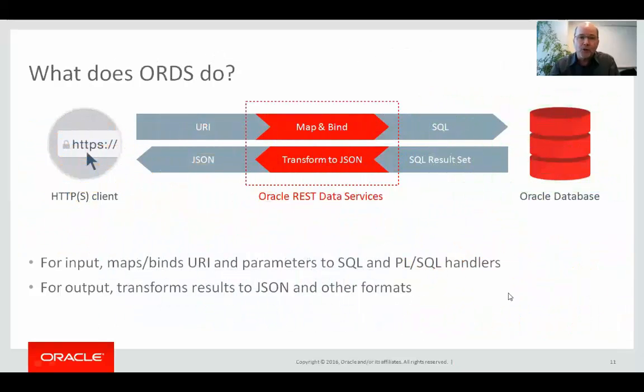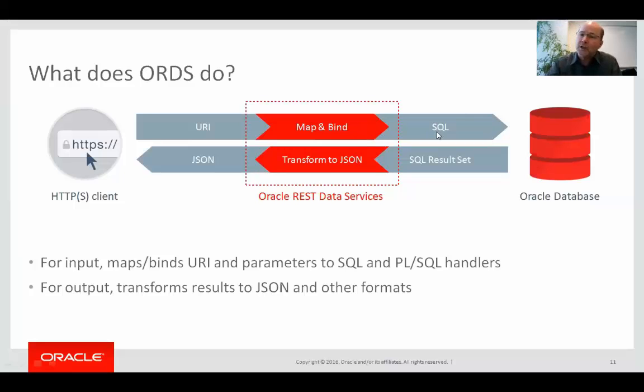So what does ORDS do? ORDS gets routed the URI. First it uses the server part of that and the ORDS part to route it into ORDS on the server. It then maps the resource that's specified in the URI to a module and template in ORDS.